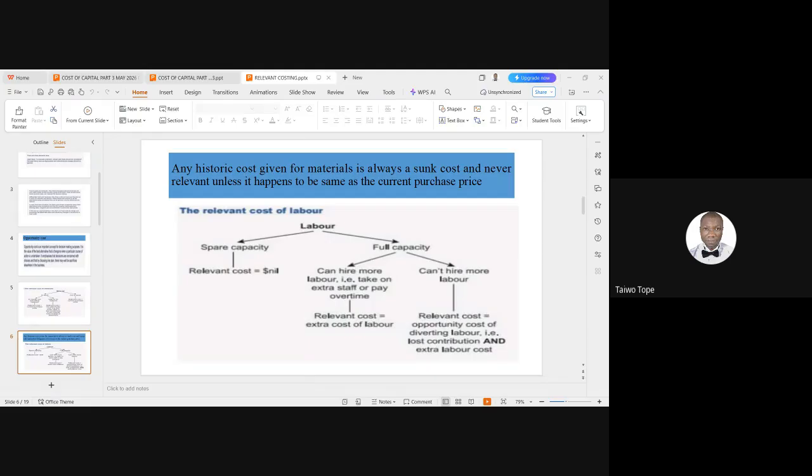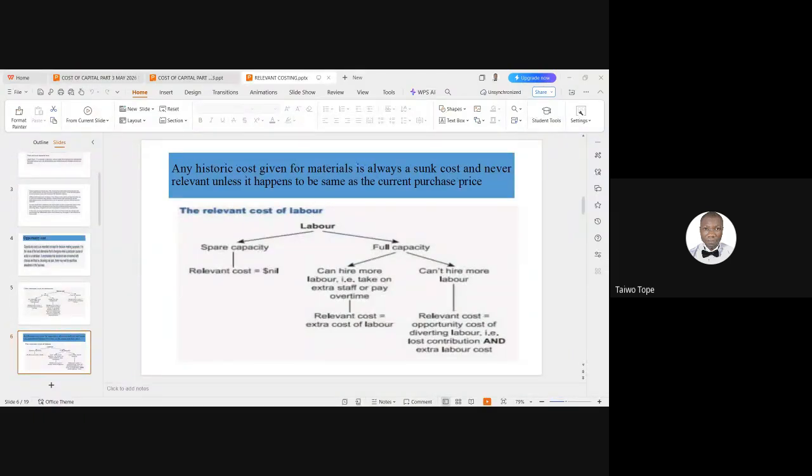At that point, what will be the relevant cost? It means you have some specialists working in Department A, but you need their service in Department C. Them not working in Department A, there will be some lost contribution. There will be some lost value in Department A because they are not there.